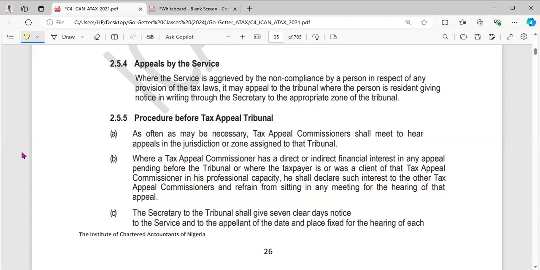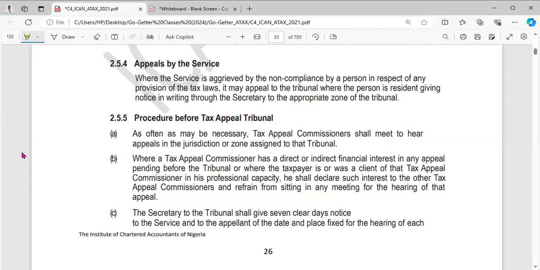So you see why 3 is the minimum, and it doesn't mean that the whole 5 will be there. So the whole 5 could be there, and when they receive it, they say, oh, this person that is dragging these people to the tax appeal tribunal, he used to be my friend. I used to work for him. He was my client before.